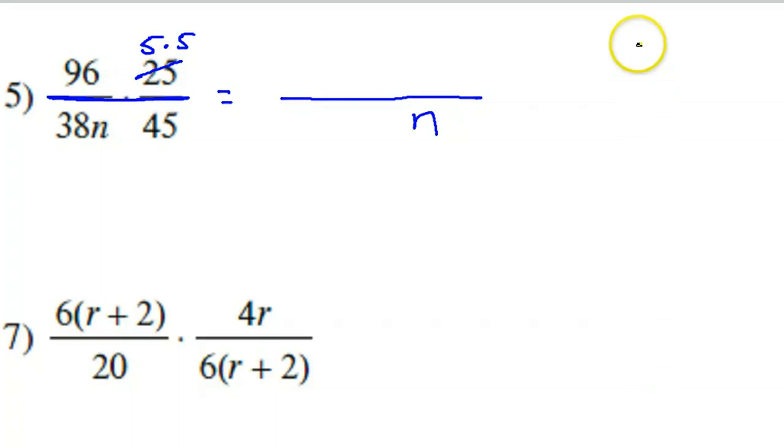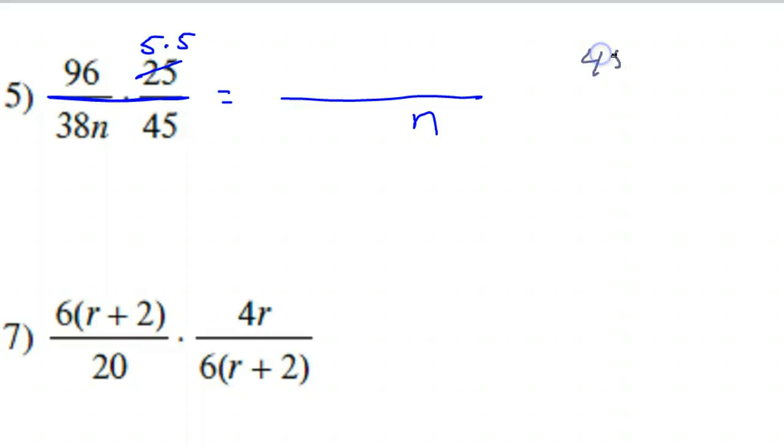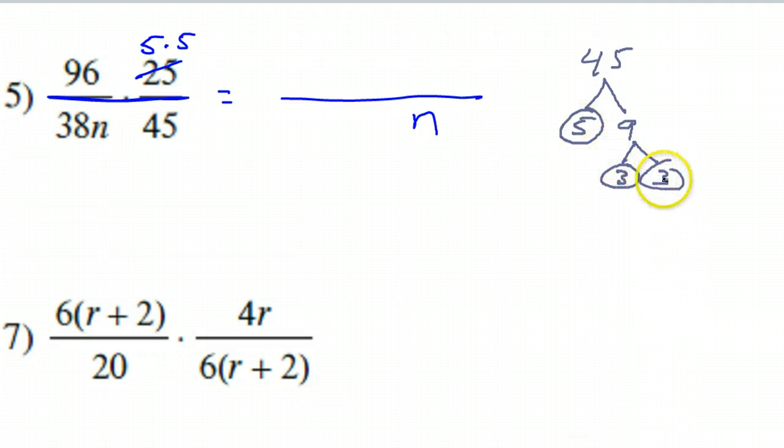Okay, 45 takes one extra little step. 45 is 5 times 9. 5 is a prime number. But 9 can be further factored as 3 times 3. So the prime factorization for 45 is 3 times 3 times 5. So I will replace 45 with 3 times 3 times 5. Or I guess I could have done 3 squared times 5.